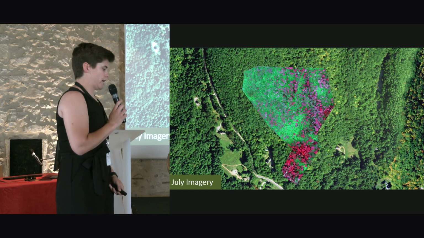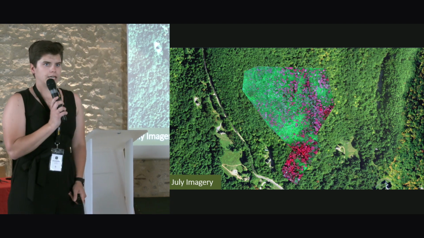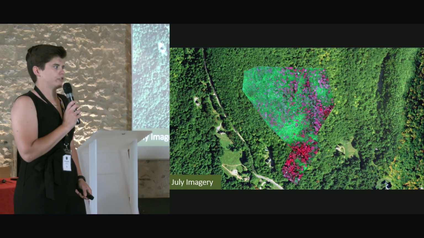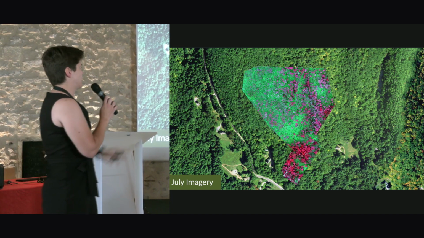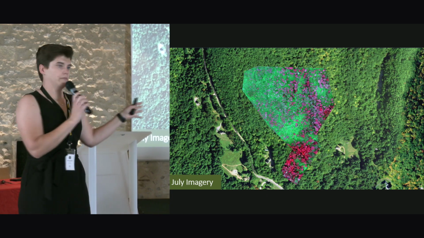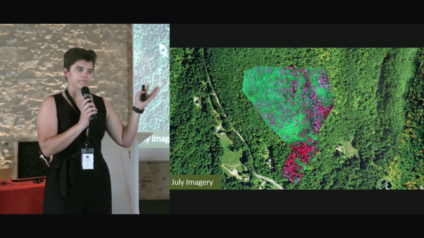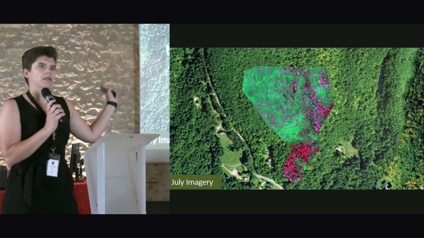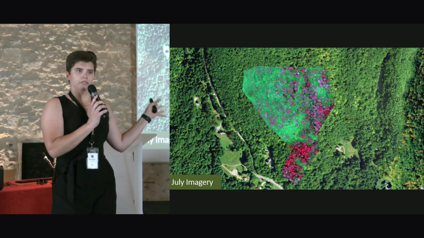So here again, we have the July imagery. This time, it is multispectral imagery. I could not tell you off the top of my head which band combination this was, but this time the colors are kind of reversed. Green is forest floor, and pink or red or fuchsia, or darker shades for colorblind folks, those are the trees.